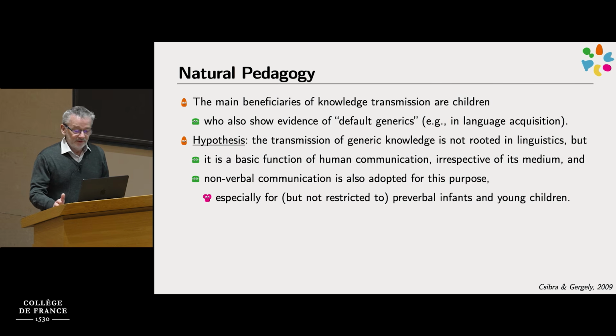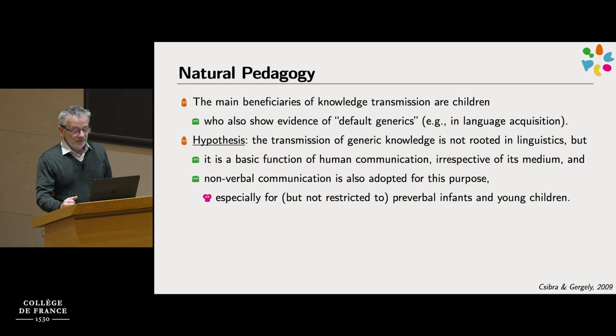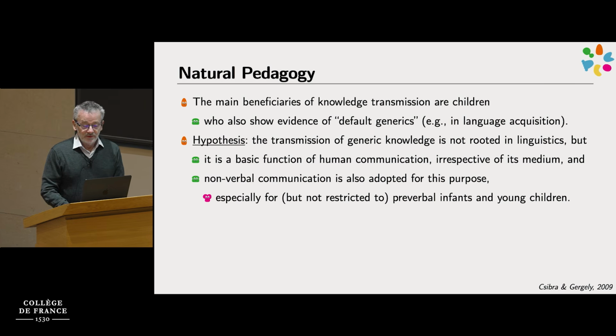But the hypothesis that we are entertaining here is that the transmission of generic knowledge is not rooted in linguistics, but it's a basic function of human communication, irrespective of the medium, how it is delivered, and therefore nonverbal communication is also adapted for this purpose, which is especially important for preverbal infants and young children who are not competent language users.